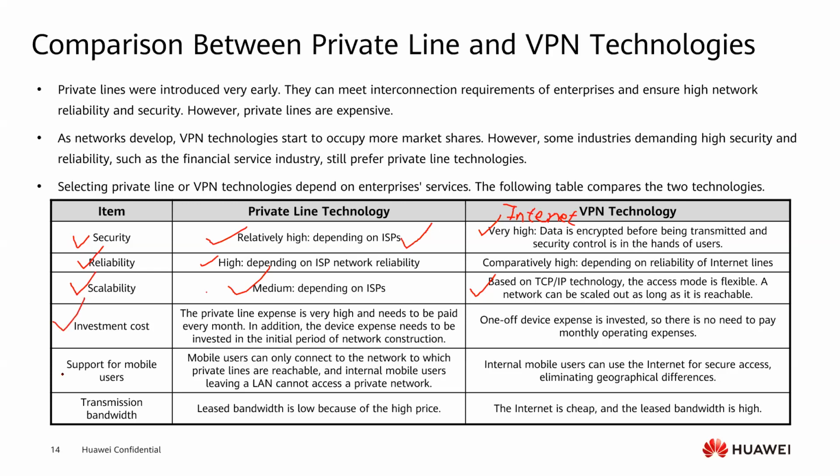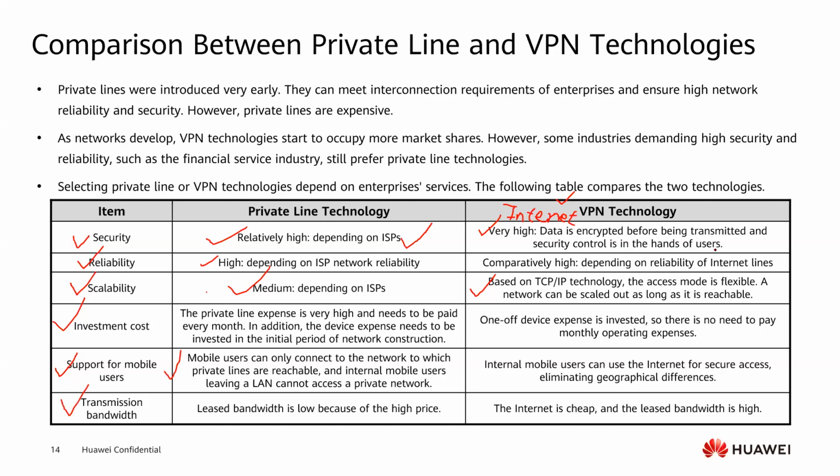And for the support of mobile users, of course the internet plus VPN technology is much better, because for mobile users, with the VPN you can basically just use L2TP or SSL to connect directly back. But for the private line, I don't think it is very easy to support mobile.